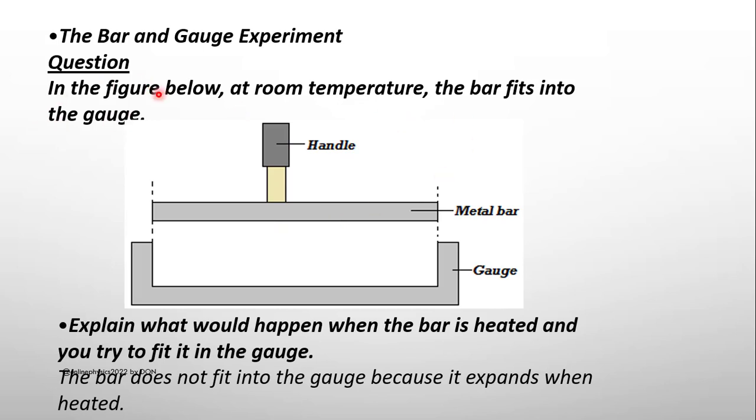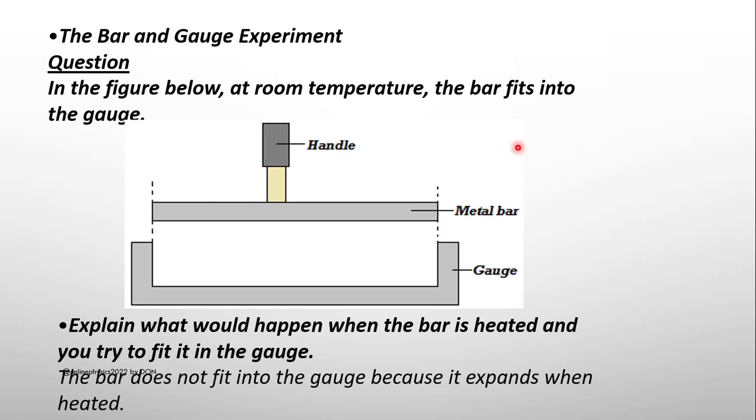So the question is that in the figure below, at room temperature, the bar fits into the gauge. So they are asking us, first of all, to explain what will happen when the bar is heated and you try to fit it in the gauge. Now, in this question, I want us to structure it in this form. First of all, let us state the observation before heating and after heating.